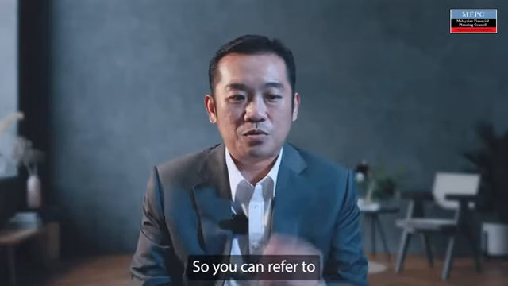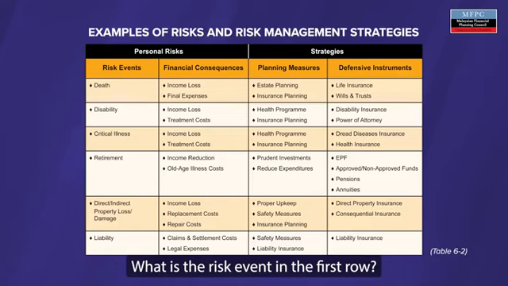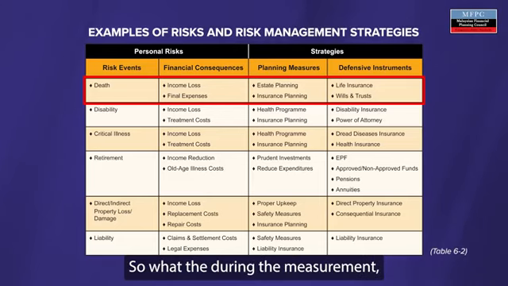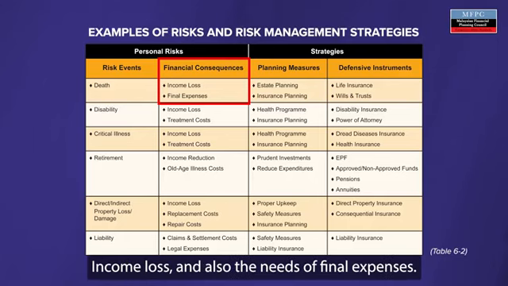So you can refer to an example in our material, table 6-2. Okay. What is the risk event in the first row? The risk event is the event of death. So during the measurement, what is the potential financial consequences? Income loss, and also the needs of final expenses.